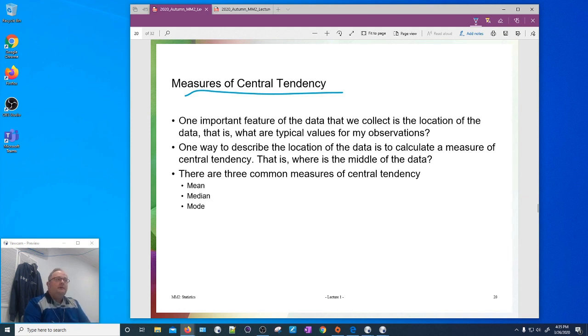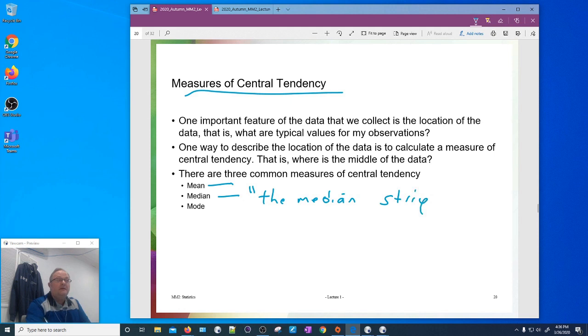So we're going to move to measures of central tendency, and then we'll move off that a bit later on. The three common measures of central tendency are mean, and we'll do some computation of mean; median, which is also the middle score. An easy way to remember that is the median strip, as in the road.